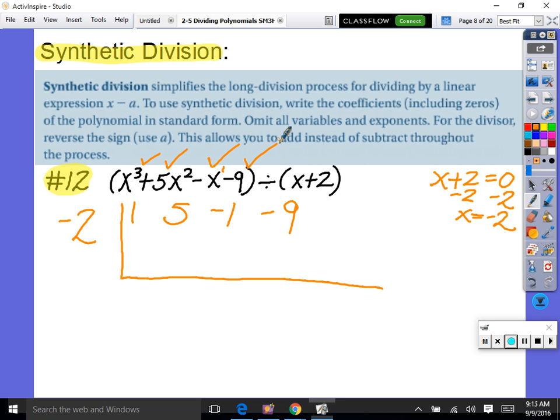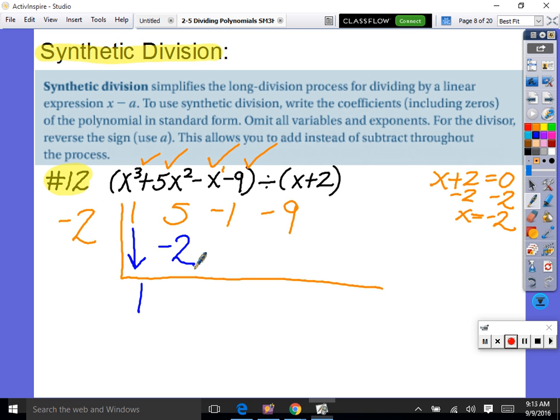But okay. So now, you can't ask why because I can't get into it right now. Sorry. But what you do is you drop this 1 straight down. Now this is the process. You do whatever's down here times this. So what's 1 times -2? -2.